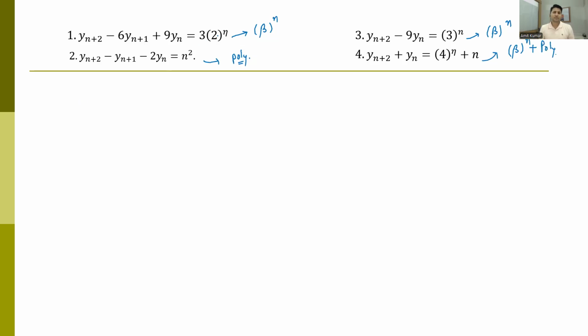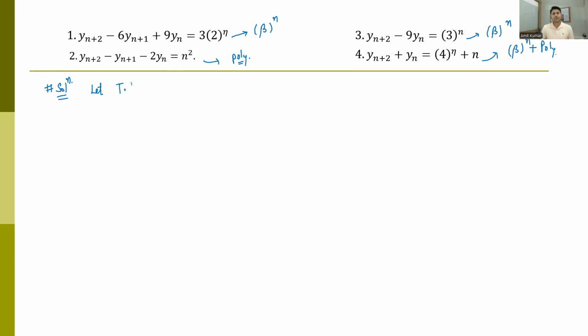On the basis of this Fn, we will first write the trial solution, and on that basis, find the final particular solution. Let us talk about example number one. The first thing we are supposed to write is the trial solution.